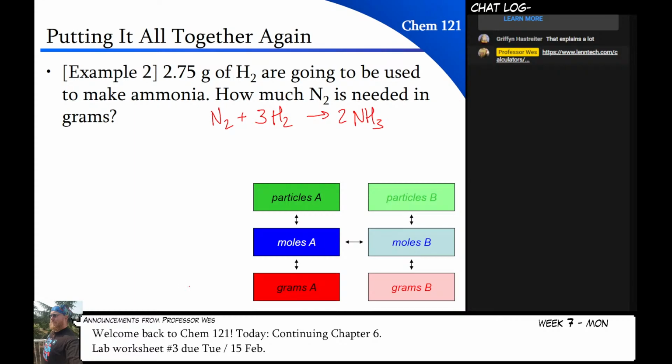We're given grams of hydrogen, so we're going to start here. We need to figure out how much N2 is needed in grams, so we're going to end here. And we're going to do this same process to solve.